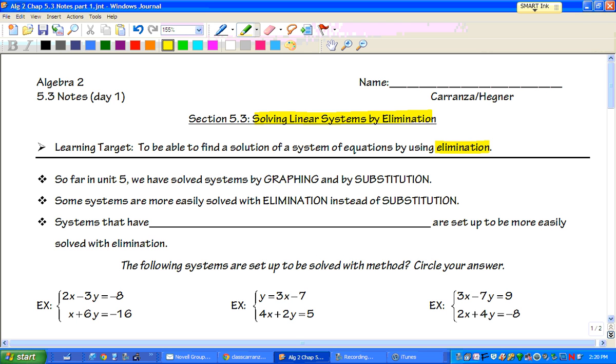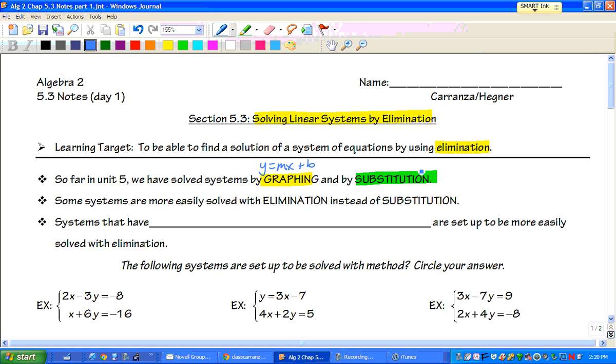So far we've talked about two different types of systems. We've talked about graphing. When we're graphing, we want it to look like y equals mx plus b. And then the other type we've talked about is substitution.